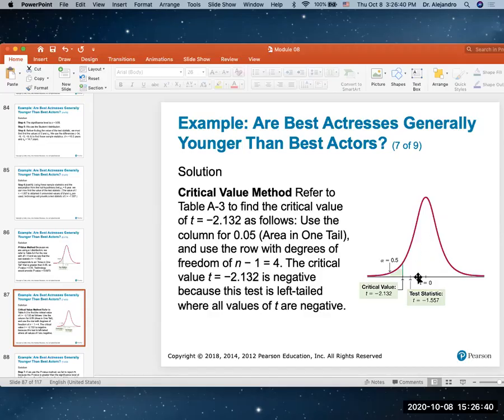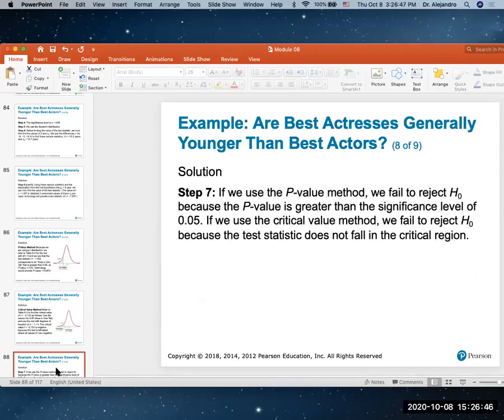So what is going to be our conclusion? Because the test statistic falls in the non-critical region, we are going to fail to reject the null hypothesis because the p-value is greater than the significance level. And if we use the critical value method, we also fail to reject because the test statistic doesn't fall in the critical region. So either one is equivalent.